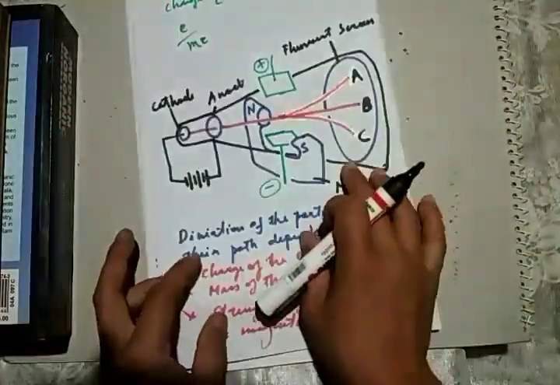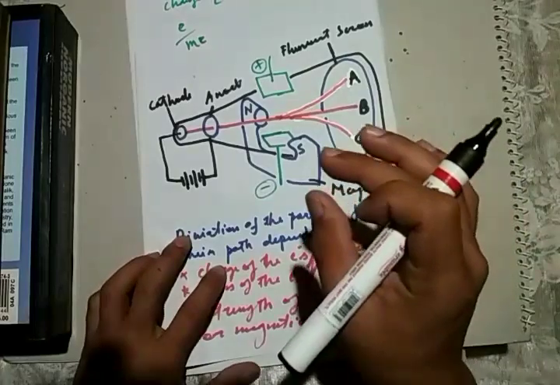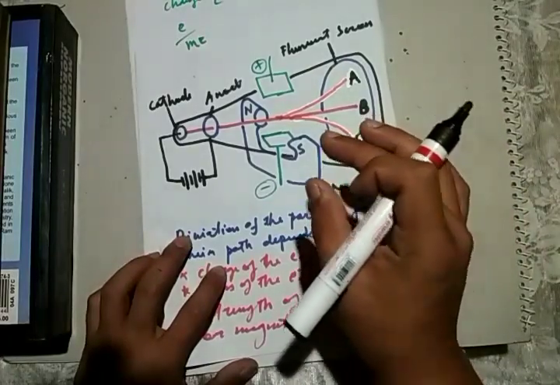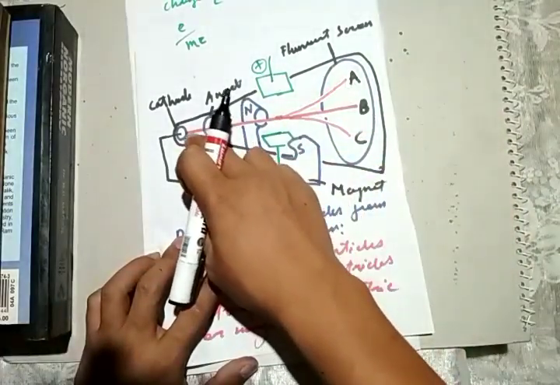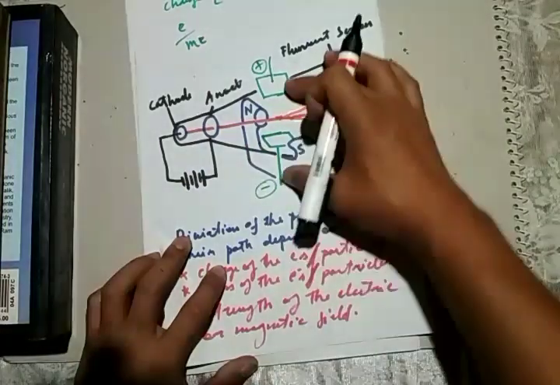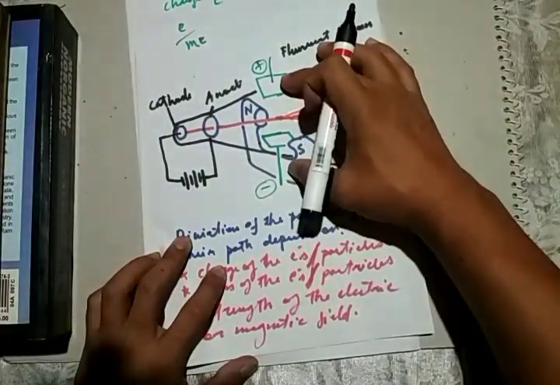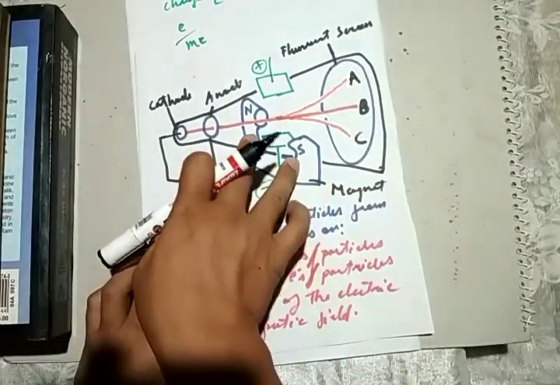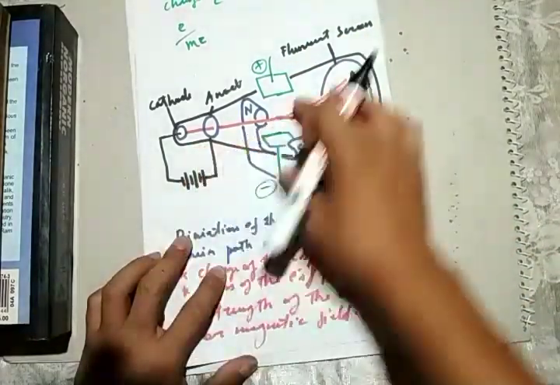As we have discussed earlier also, he was able to precisely bring this deviation to a straight line by maintaining the strength of this electric field and the magnetic field.